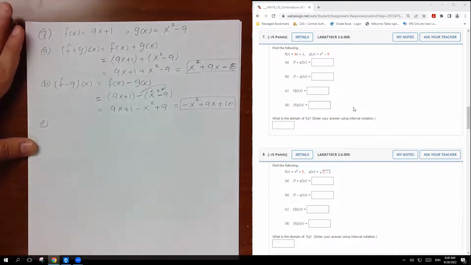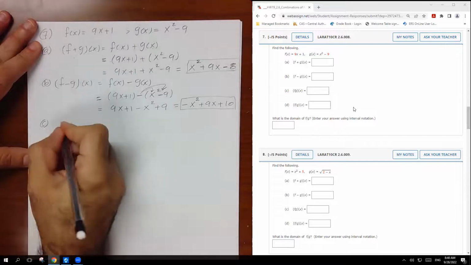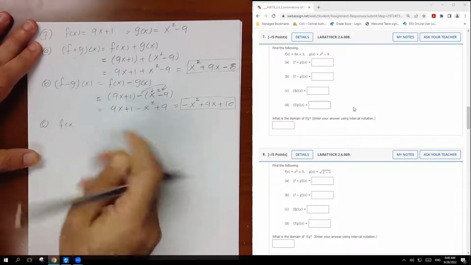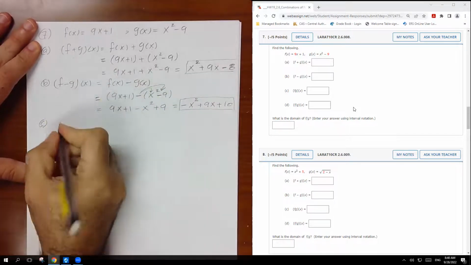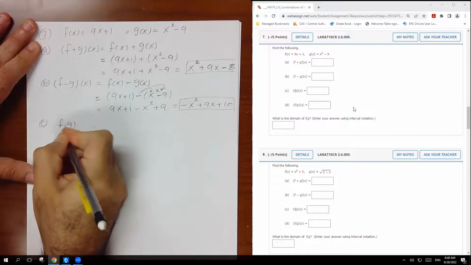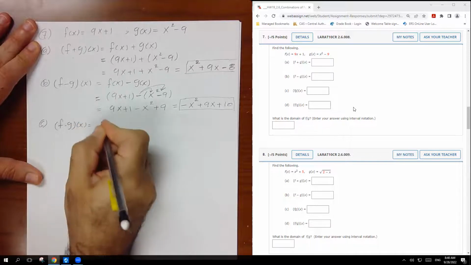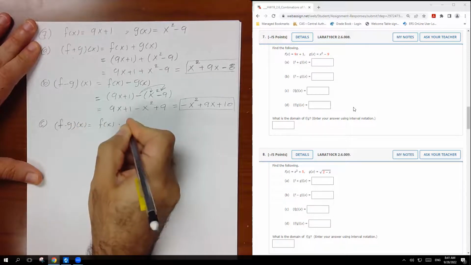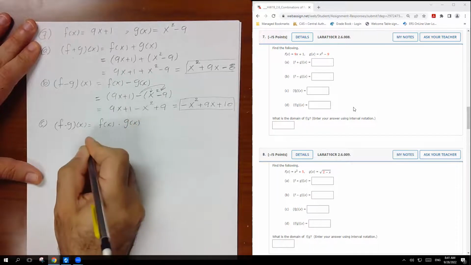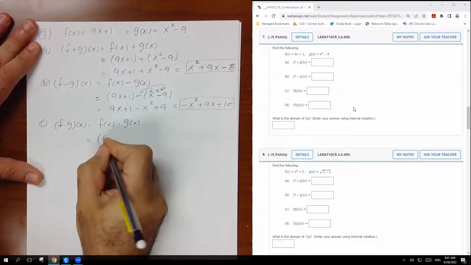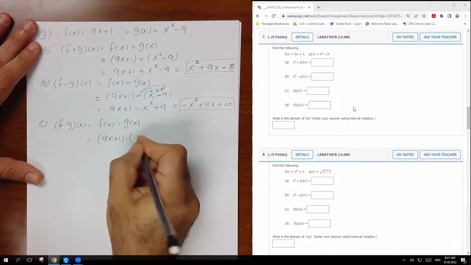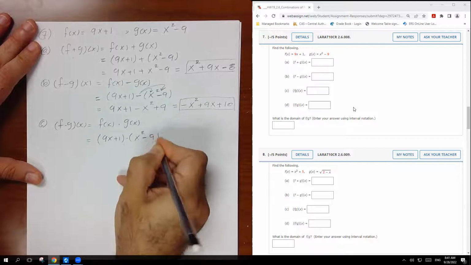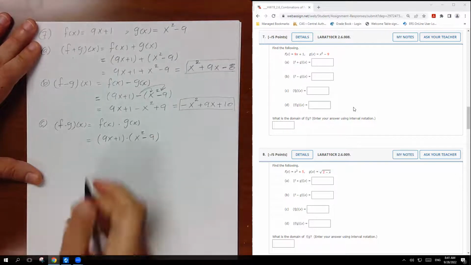C, we're going to find the multiplication. So f times g of x is f of x times g of x. So it's going to be f of x, which is 9x plus 1, times g of x, which is x squared minus 9. Now in this one, you have to distribute.